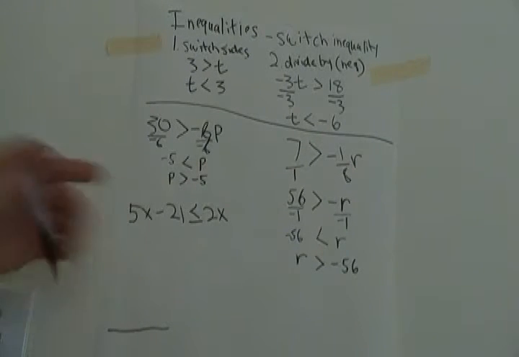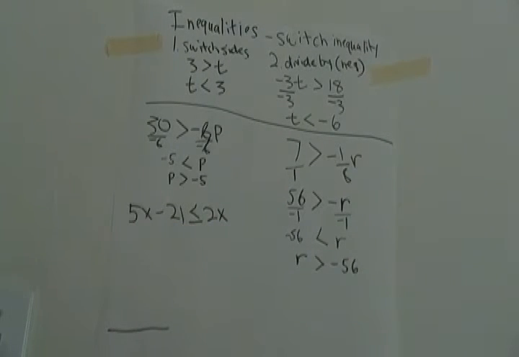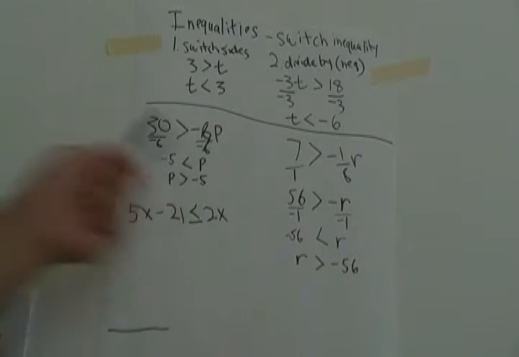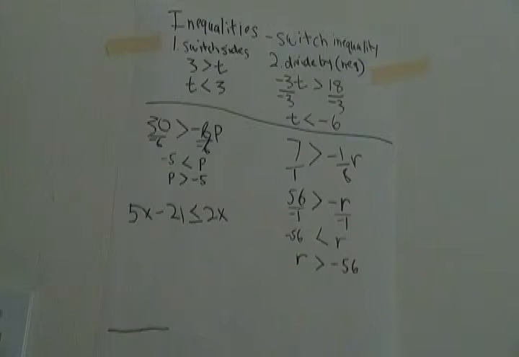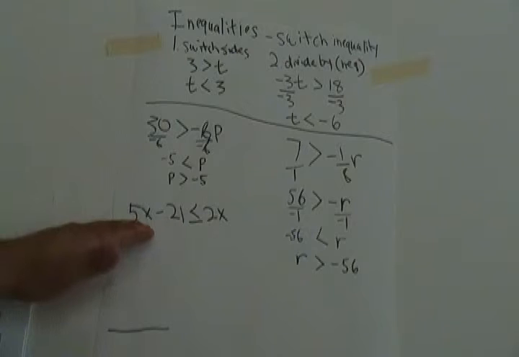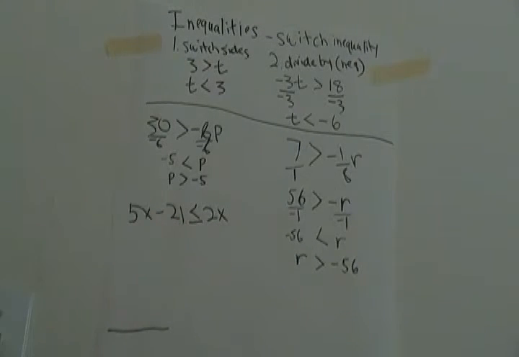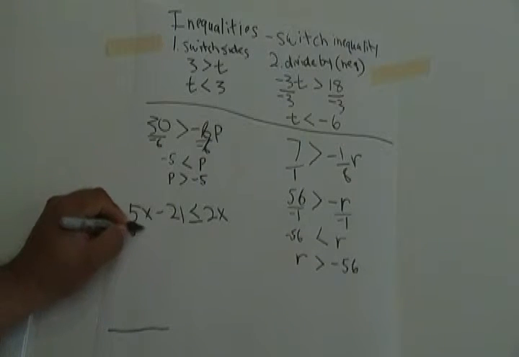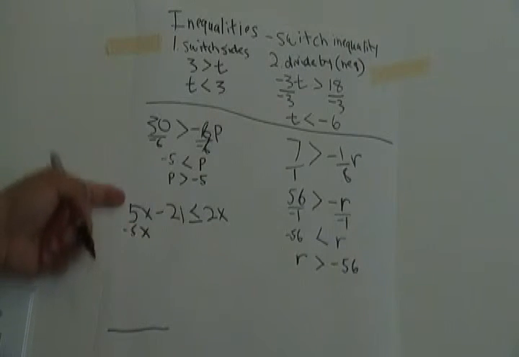Okay, let's go to a problem where we have multiple steps. Here we have 5x minus 21 is less than or equal to 2x. What we want to do here is isolate the x and the numbers, which means we probably want to bring 5x to the right side. So we subtract 5x from both sides because we do the opposite of what it is.